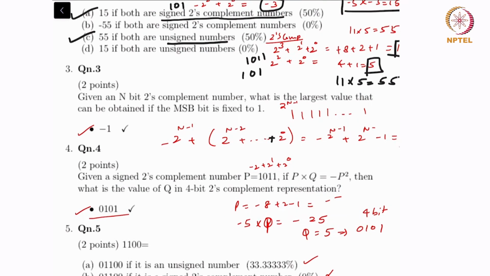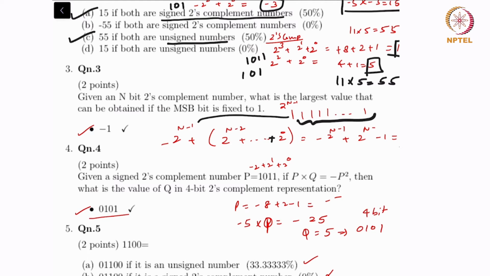Given an n-bit 2's complement number, what is the largest value that can be obtained if the MSB bit is fixed to 1? Right? So if the MSB bit is fixed to 1, to obtain the largest value, all the other bits need to be 1 as shown here. Any other combination will not give the largest answer.